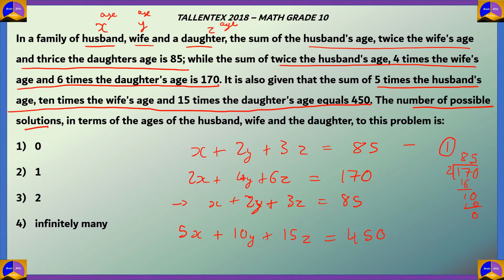Now let's divide everything by 5, so you get x plus 2y plus 3z, and we need to divide 450 by 5, so 45 divided by 5 gives you 9, so 450 divided by 5 gives you 90, and this is equation 2. Now we compare equations 1 and 2.